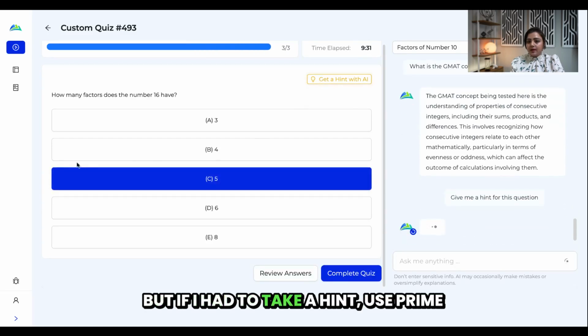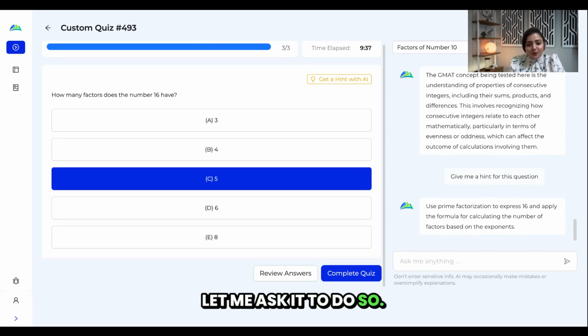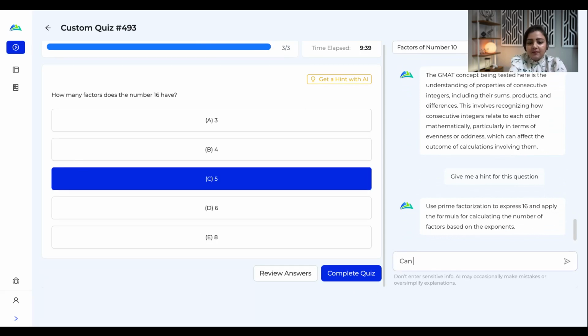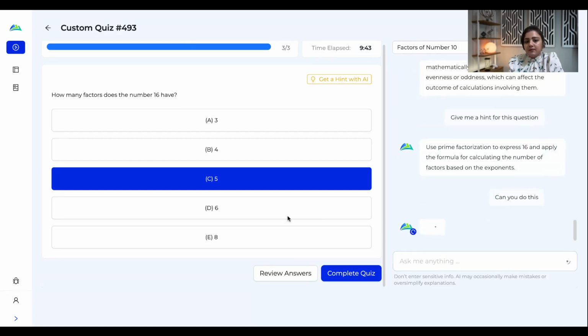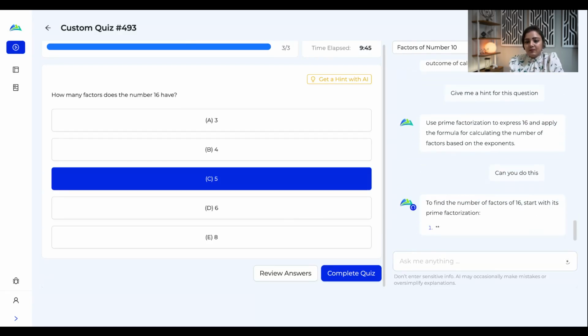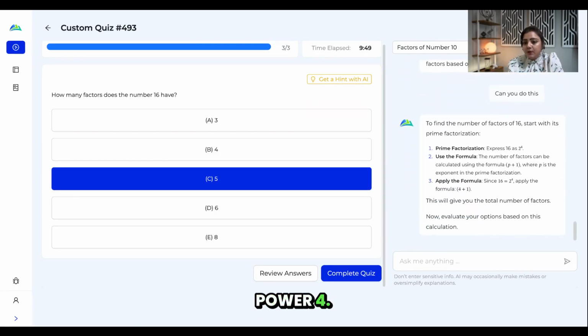But if I had to take a hint, use prime factorization to express 16. Let me ask it to do so. It prime factorized 16, gave it as 2 to the power 4.